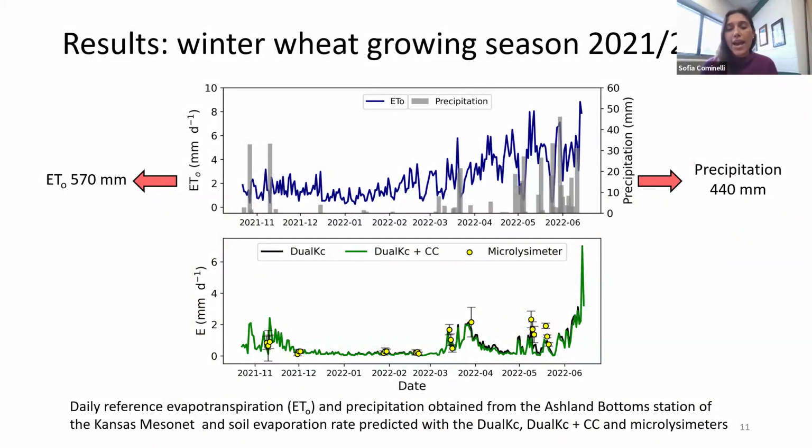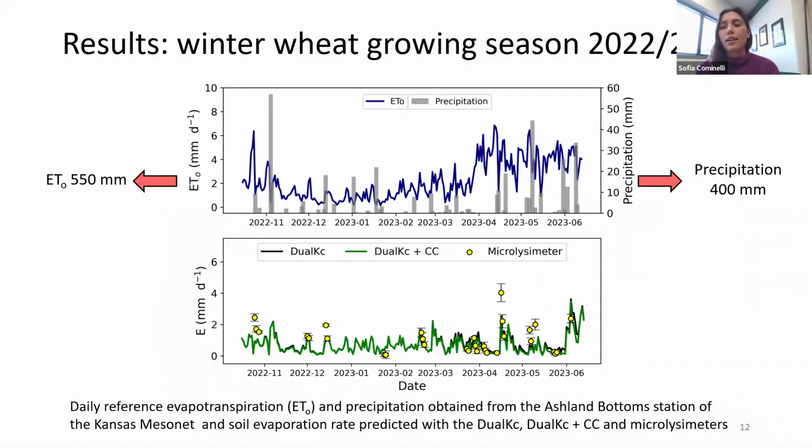And in the second plot, we have the predicted evaporation for the whole growing season by the 2 models that have the better performance. The dual crop coefficient is represented with the black line, and the dual crop coefficient assimilating the canopy cover with the green line. And if we compare the predicted evaporation by the 2 models and the in situ observation represented with the yellow dot, that is a microlysimeter reading, there is a really good agreement in this growing season.